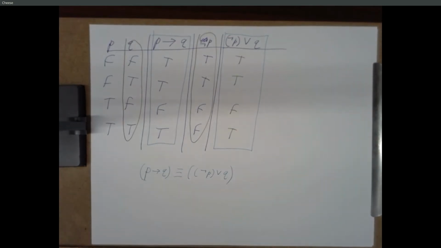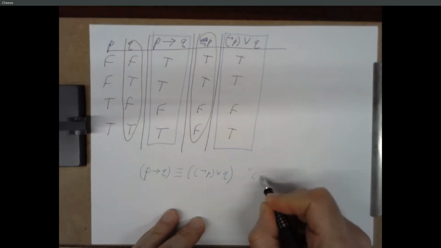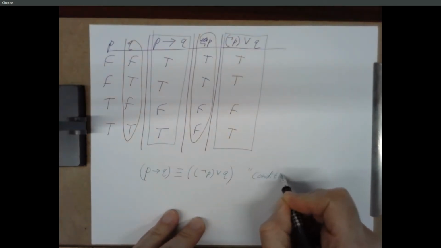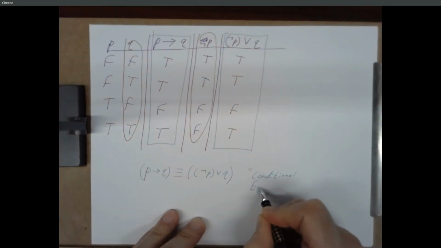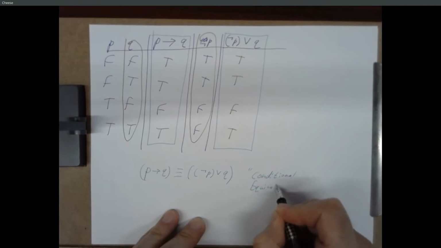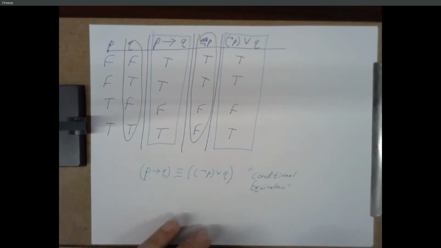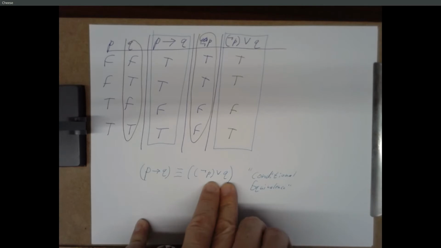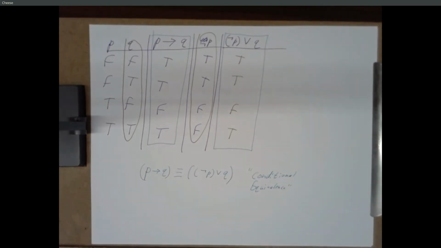It's called conditional equivalence, and it tells us anytime we have this, we could use that instead, or vice versa.